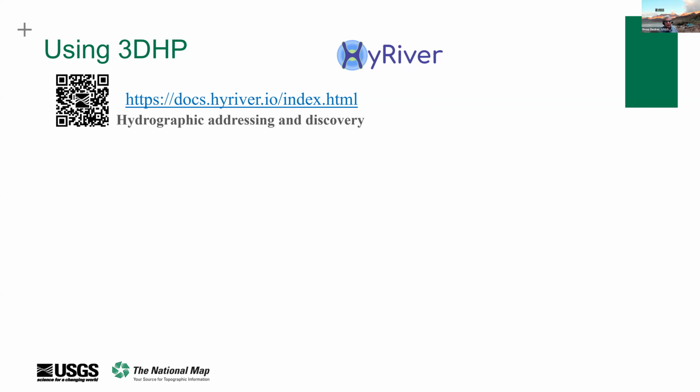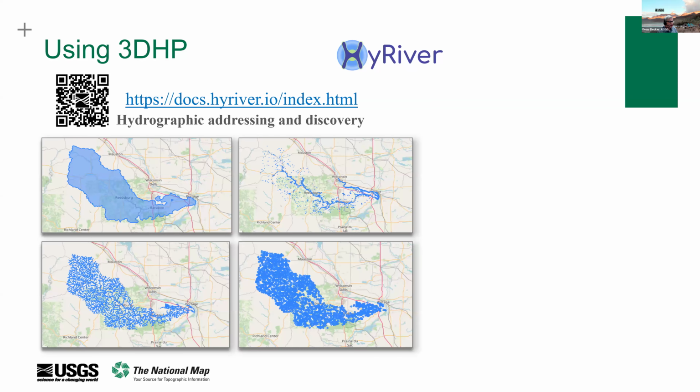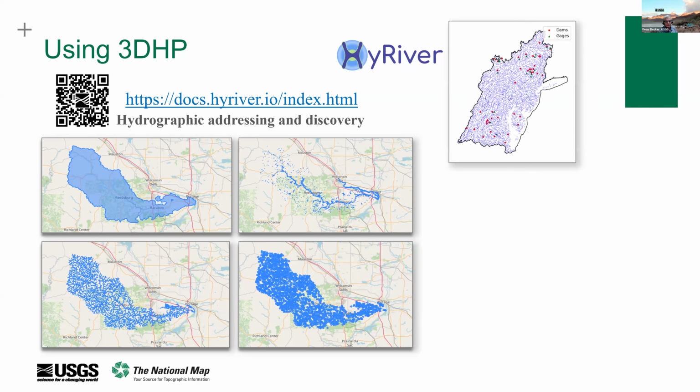So users can address or index their data to the 3D HP network to complete and spatially join attribution, showing some of the different features here, the watershed outline, point data, linear data all together. That's here, you've tied now dams and gauges to the watershed.